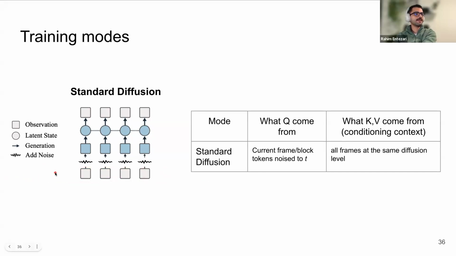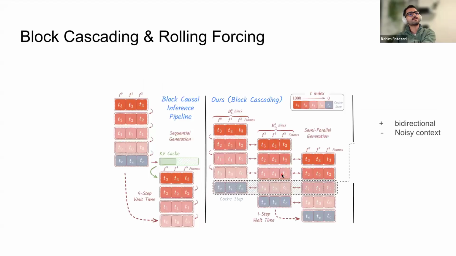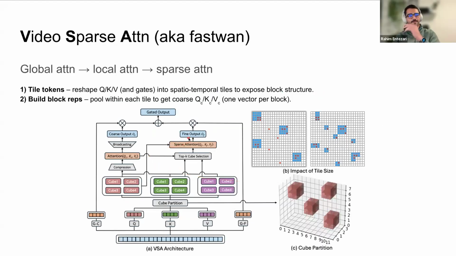So they learn which of these previous tokens are more important, which is a very nice idea. You don't do fixed, you don't do local or global, but you do somewhere between. So you choose, maybe this frame is important, this one is not, this one is not, and so forth. That's the main idea of video sparse attention, but it would take some time to explain this idea.